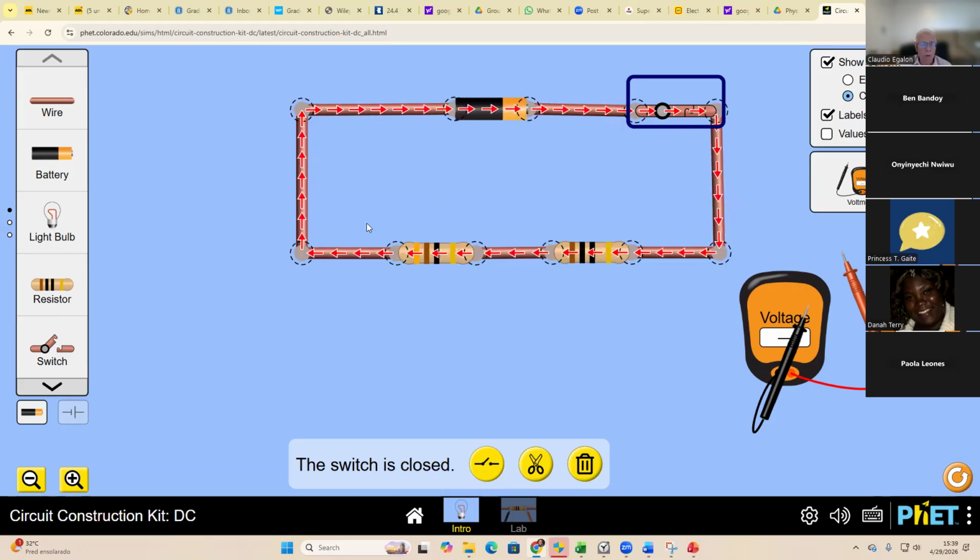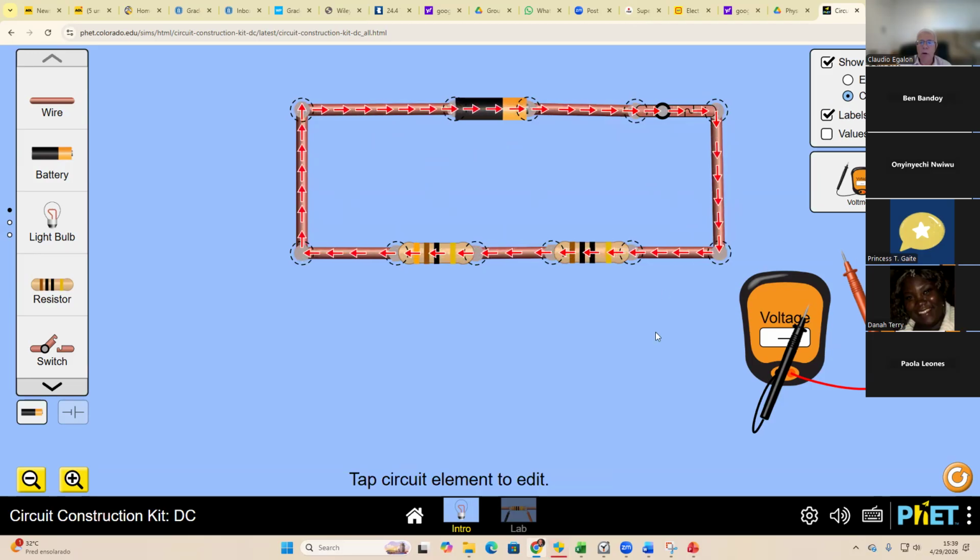The current flows in the clockwise direction. The electrons flow in the counterclockwise direction. That's the picture that you have to have in your mind. That's what's happening in the circuit when we close it and put the current to flow.